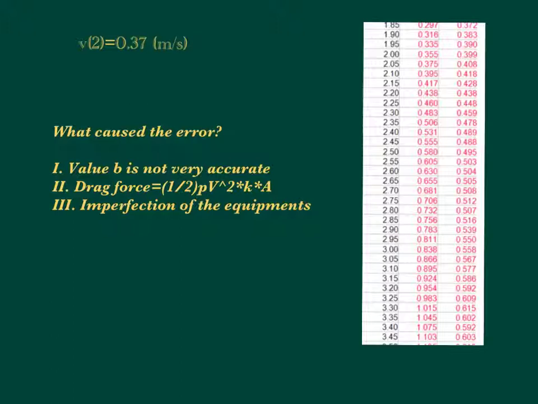As we can see, at time t equals 2, the value is around 0.399, and after we plug the value of 2 into the velocity function, which we derived using a first order differential equation, that equals 0.37, which is very, very accurate.